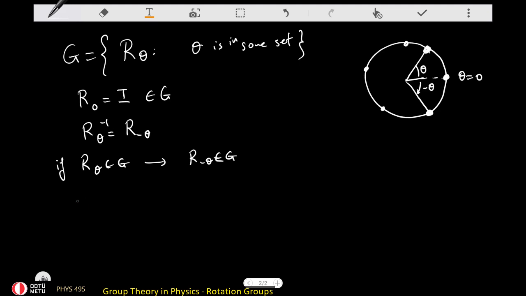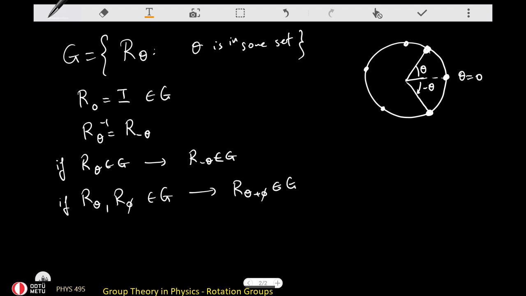And finally, of course, if there are 2 rotations within the group, then the rotation obtained by taking the composition of these 2 rotations should also be within the group. So these are the basic group axioms.